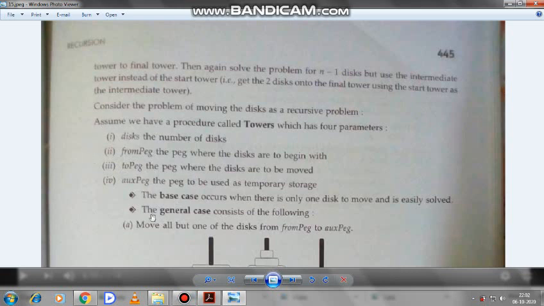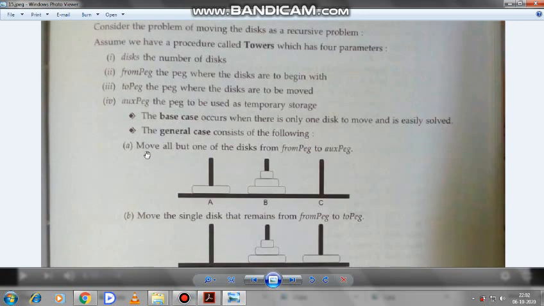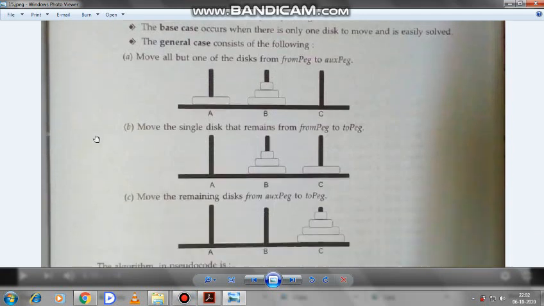Now here you have to assume that A is the from peg, B is the auxiliary peg, and C is the to peg. Now how am I doing this? I am moving all the disks from A to B, where C is my auxiliary peg.